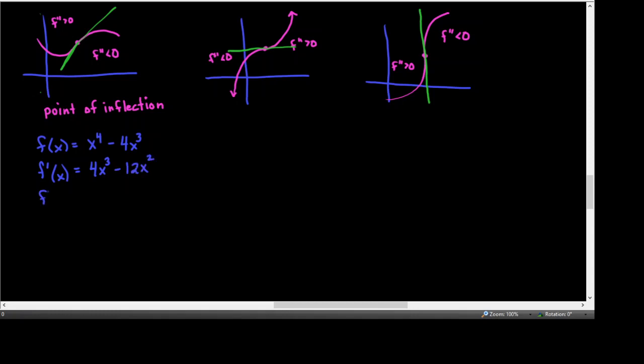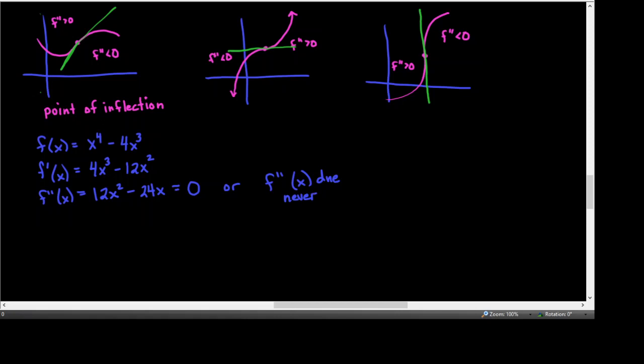So the second derivative of this function is 12x squared minus 24x. So to find the important numbers, we set that equal to 0, or when the second derivative doesn't exist. And for this polynomial, that never is a problem, never an issue.